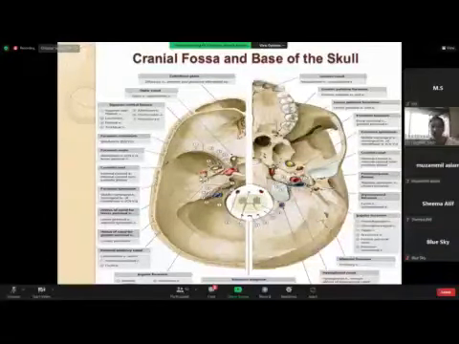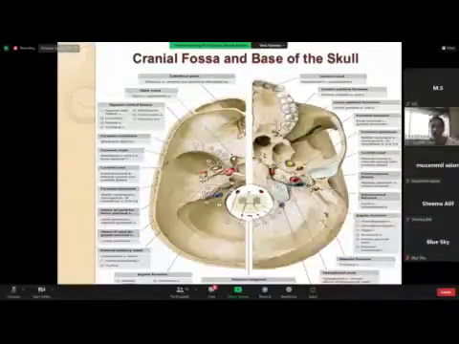So in a sequence from anterior to posterior, we have the olfactory nerve from the cribriform plate. We have the second nerve, the optic, from the optic canal. We have the third, fourth, and part of the fifth cranial nerves, which are the oculomotor, trochlear, and trigeminal divisions, passing through the superior orbital fissure.